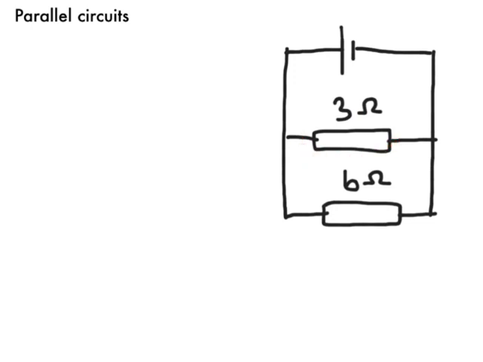Okay, and if we actually use the formula of current equals potential difference over resistance, and we know that the potential difference of the power supply up here, for example, is 12 volts, we can calculate the current. We should actually be able to calculate the current through those two resistors. So for the 3 ohm resistor, first of all I'm going to divide the potential difference by the resistance.